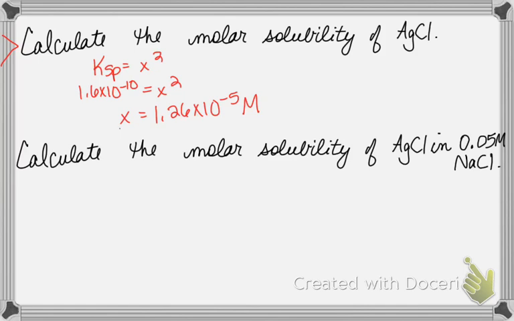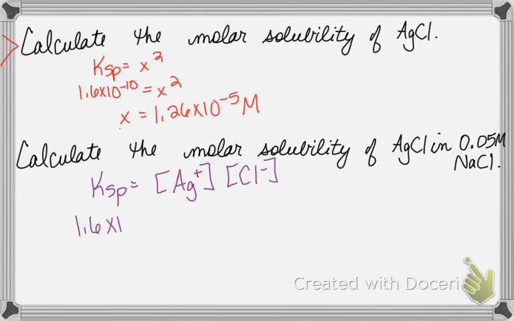Now let's look at it in sodium chloride. The KSP is equal to the concentration of the silver times the concentration of the chloride. The KSP is 1.6 times 10 to the minus 10. The silver is x. The chloride is the common ion, and this one's going to be 0.05 in chloride.